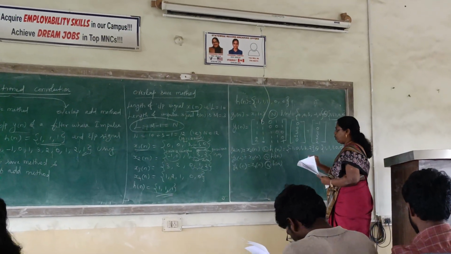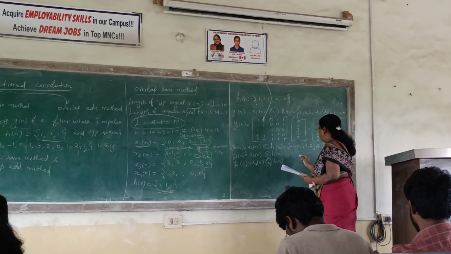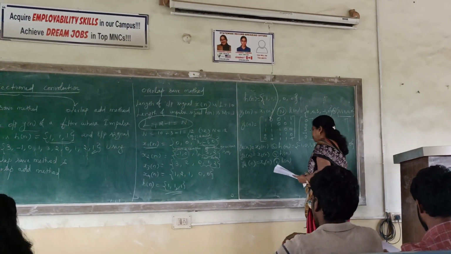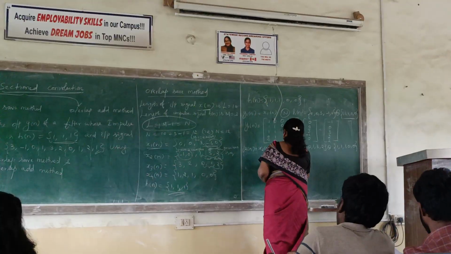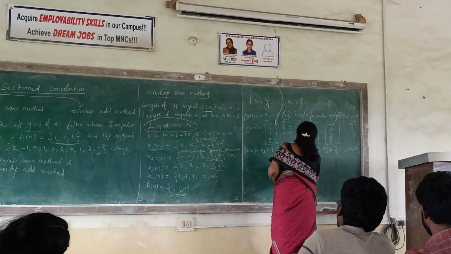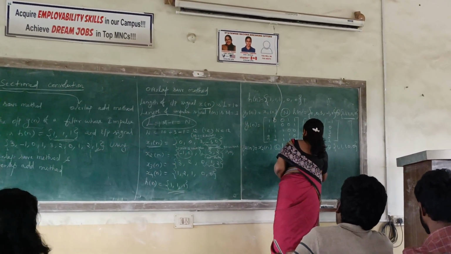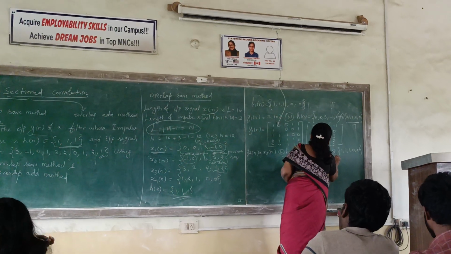So what is the y2 of n answer? Y2 of n answer is 4, 1, 0, 4, 6.